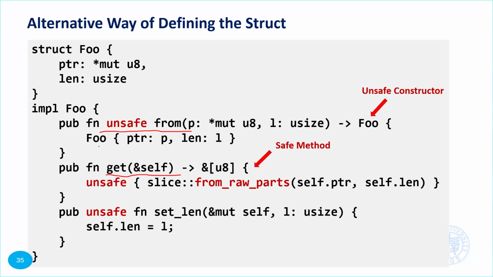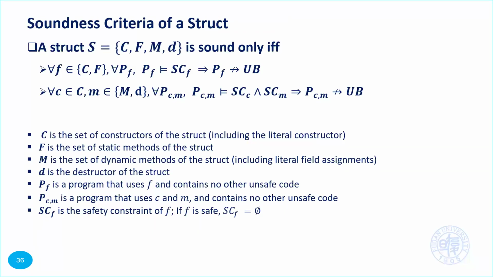In this way, because the constructor is always executed before the method, and this constructor has a safety requirement, we can have some soundness criteria such that, if these criteria hold, the struct soundness always holds. We can have some criteria related to struct soundness.